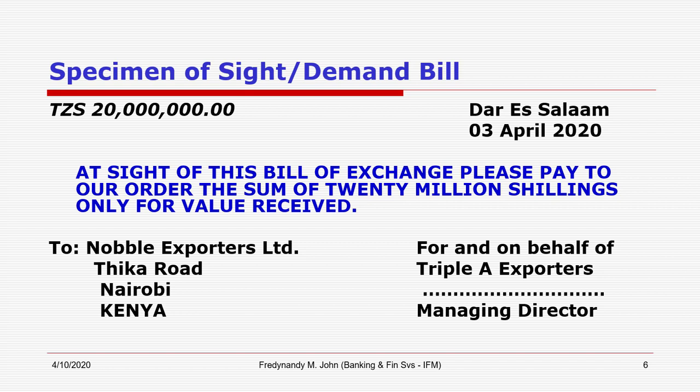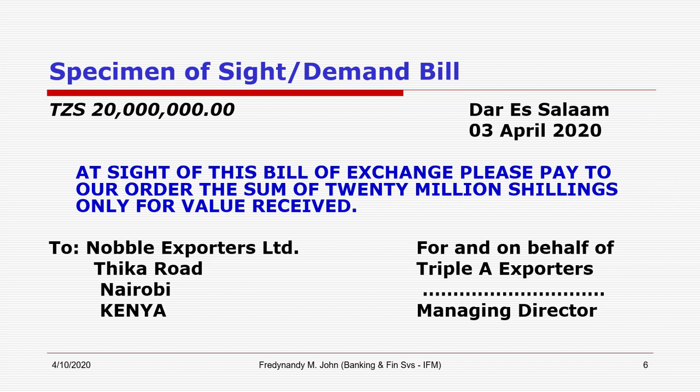You can see that this one was drawn at Dar es Salaam on the 3rd of April 2020. It reads, "At sight of this bill of exchange, please pay to our order the sum of 20 million shillings only for the value received."